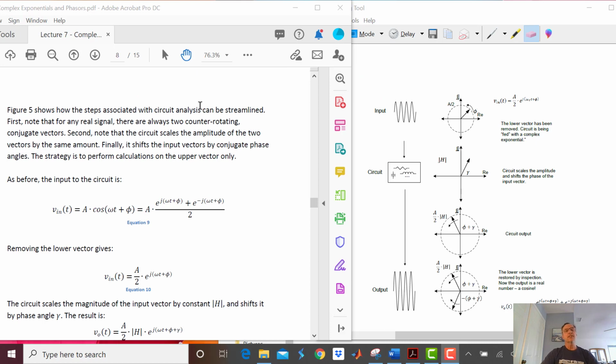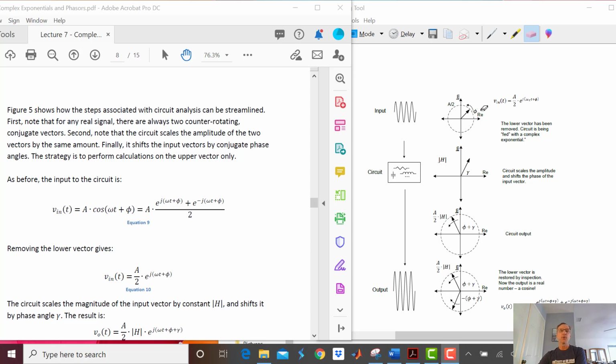So in the last example, it kind of looked like I was taking something simple and making it a little more difficult than it needed to be. But now I'm going to show you how we can streamline the process, and we're starting to move toward the efficiency of the phasor approach. This figure over here shows how we can actually streamline the steps.